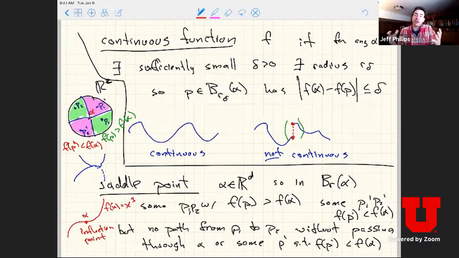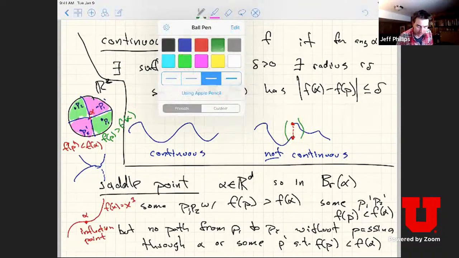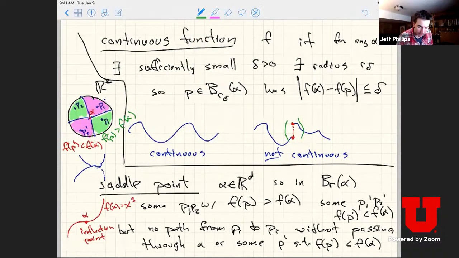If you get stuck in a saddle point, if you just look at the gradient, you can say the gradient is 0. The thing is, you're very unlikely to actually be on the saddle point in a continuous function. It's a point of measure 0, so you're unlikely to actually hit that point. But if you get there, you can do like a random perturbation, right? If I jump around a little bit, I might wind up here, and then I walk in this direction, and I start going down towards P1 prime, right?